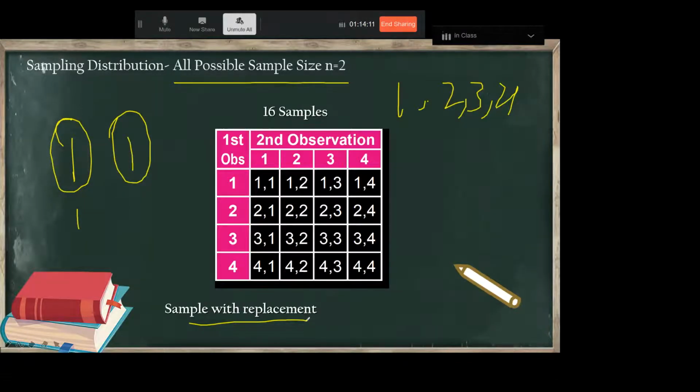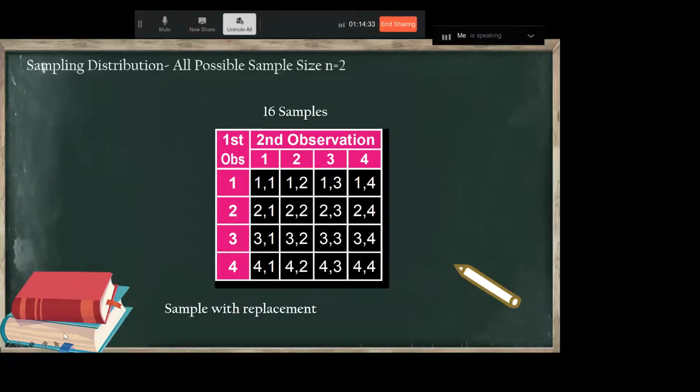And it further tells us how many total samples we can have: 16 samples, by picking the combination of two different people. All right. So how do we know that total sample count? You have already done this. You get this 16 by this formula, n power n.